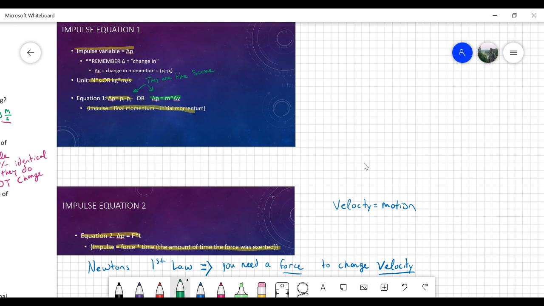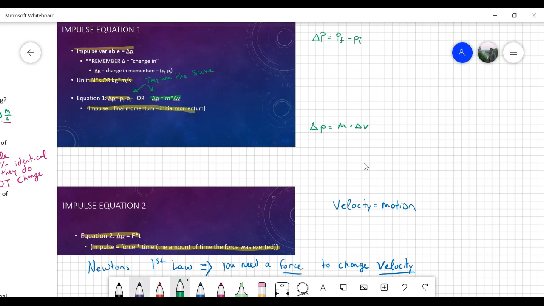Okay, so here is proof to show you that delta P equals PF minus PI is equal to delta P is equal to mass times delta V. These are the same two things.